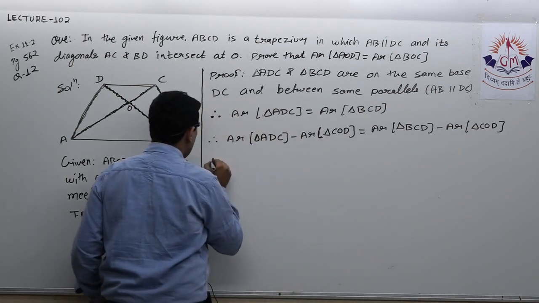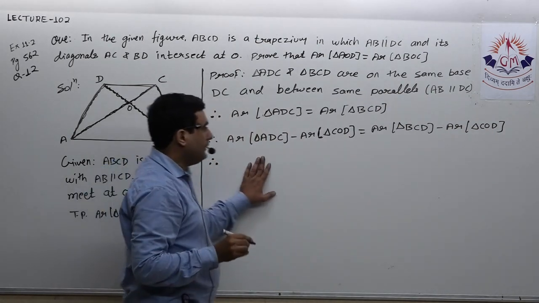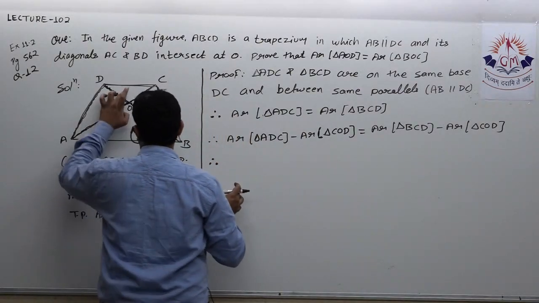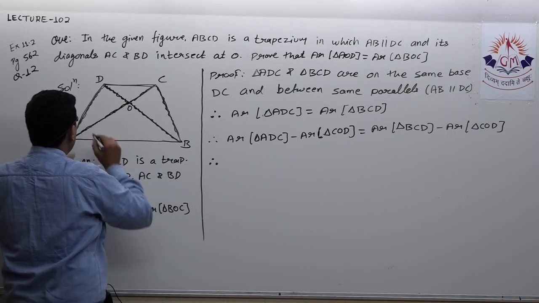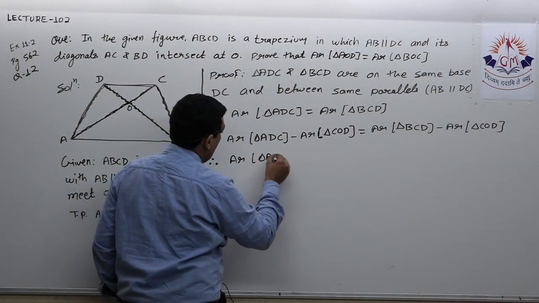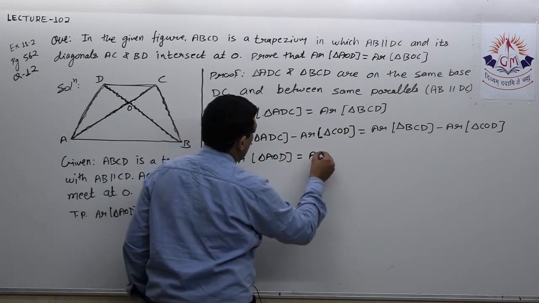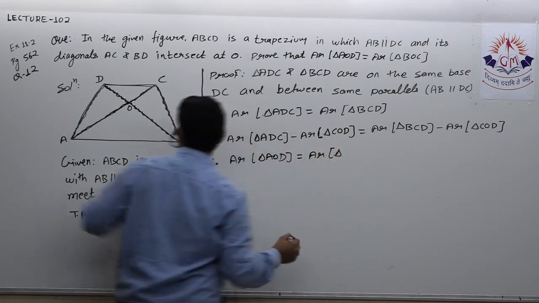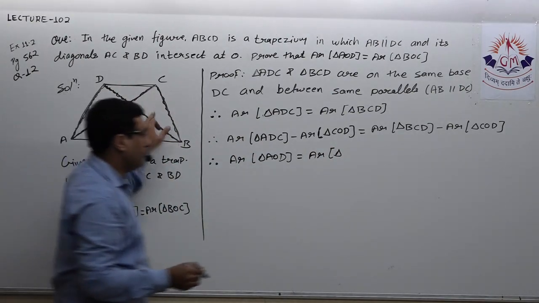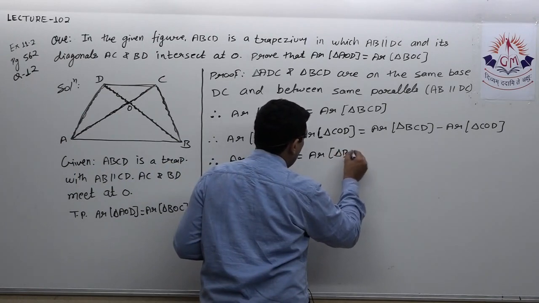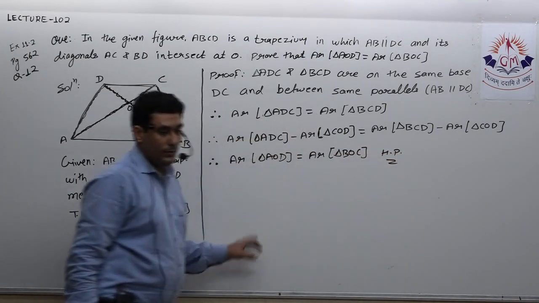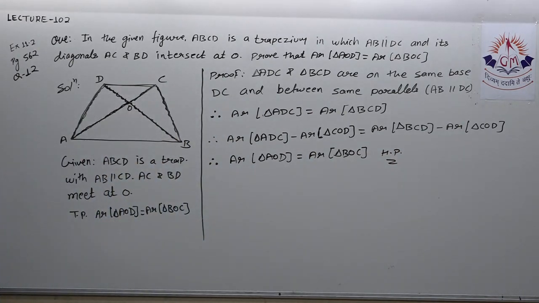On subtracting COD from ADC, I will get area AOD, which is equal to area triangle BOC when I subtract COD from BCD. Hence proved. Please note it down, then we'll see the next question.